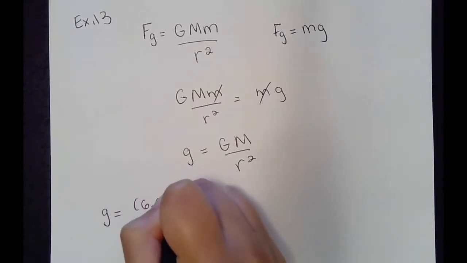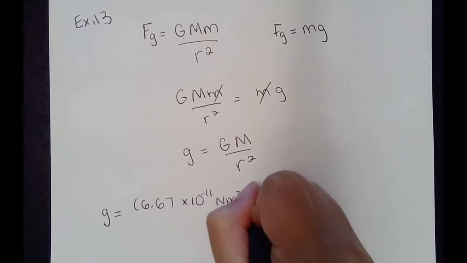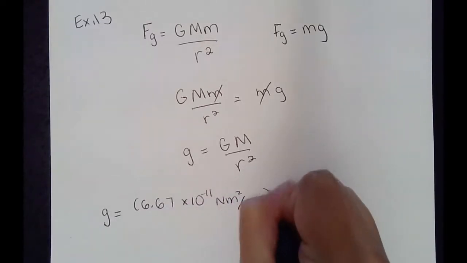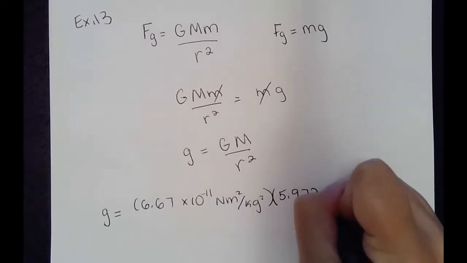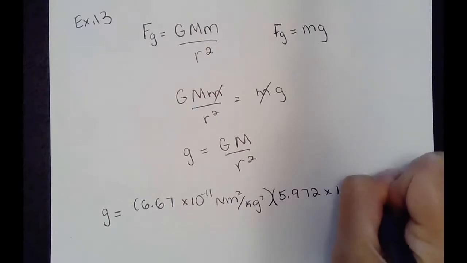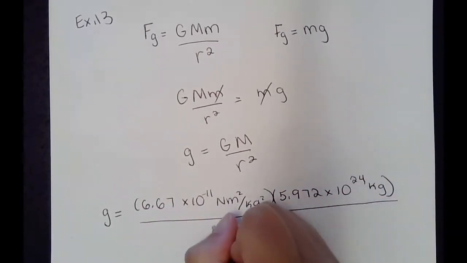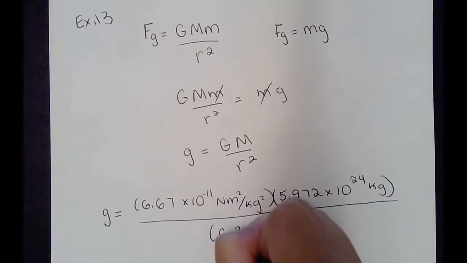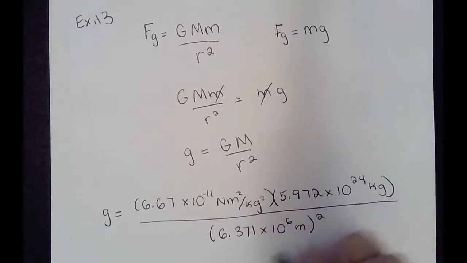G equals 6.67 times 10 to the negative 11 Newton meters squared per kilogram squared, times the mass, 5.972 times 10 to the 24 kilograms. And then that's over the radius of Earth, 6.371 times 10 to the 6 meters squared.